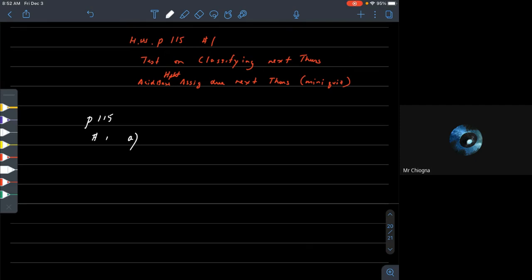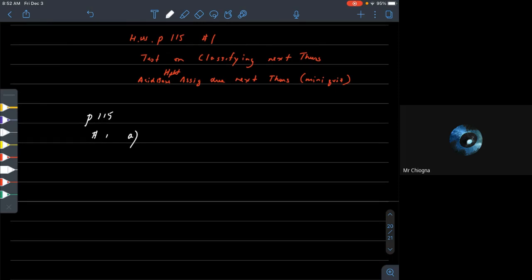We have to be able to predict products, which means you first of all recognize what type of reaction it is. This is a combustion. How do I know?